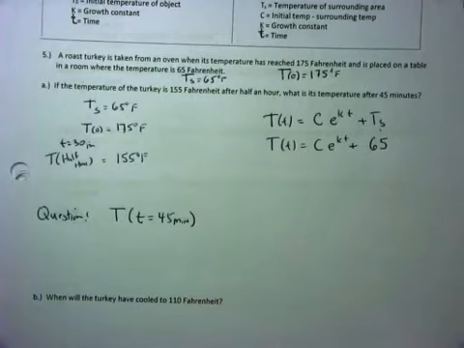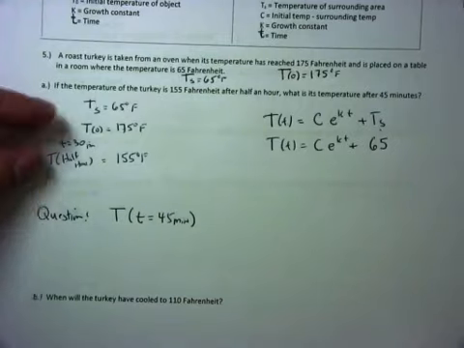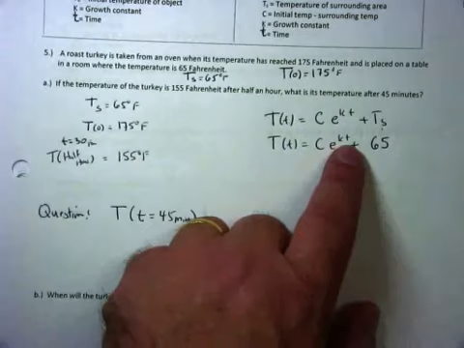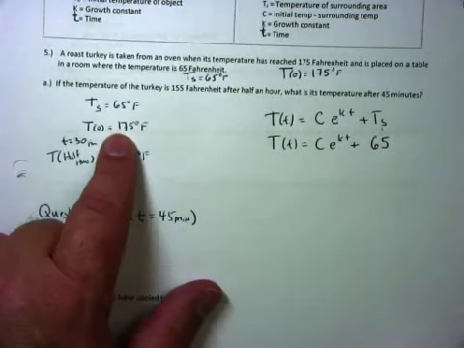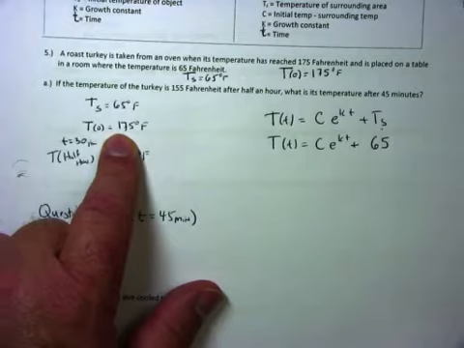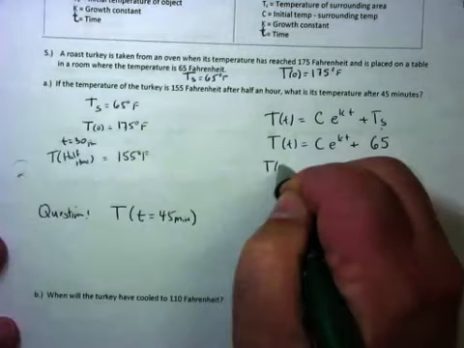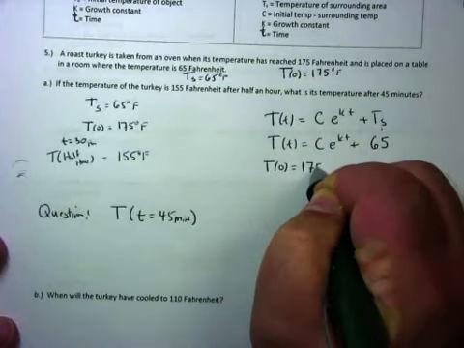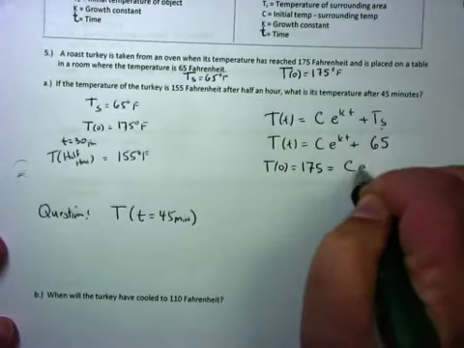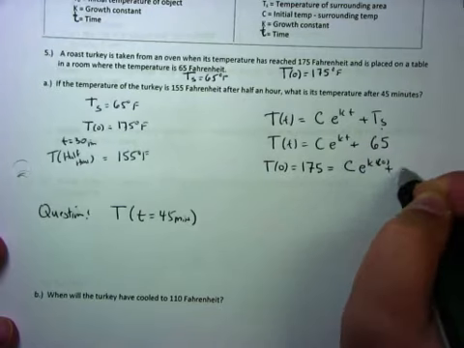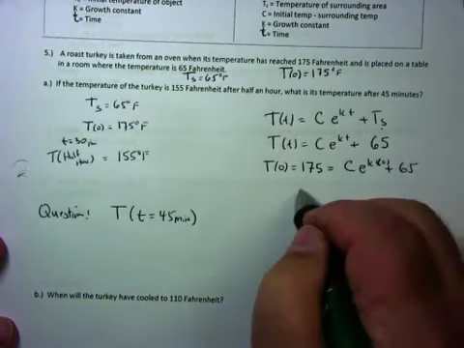Always start with the initial temperature, because I have two constants I need to solve for. Always start with the initial. Temperature at time equals 0 is 175. So temperature at time equals 0 minutes is 175 equals C e to the k times 0, plus 65. Clean it up.